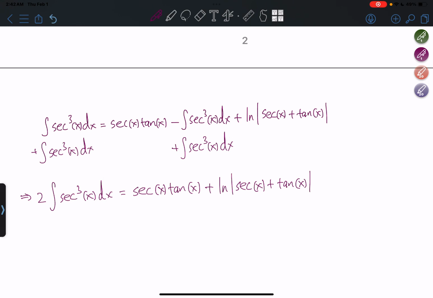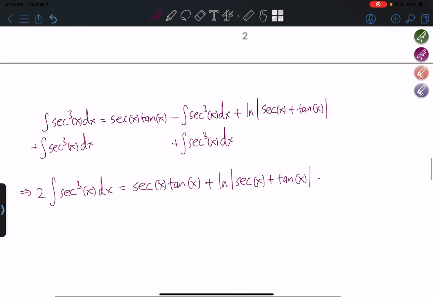Now, because I moved this integral over to the other side, I should probably have a plus C here somewhere. But the point is I can then solve for that integral simply by dividing by 2 on both sides.